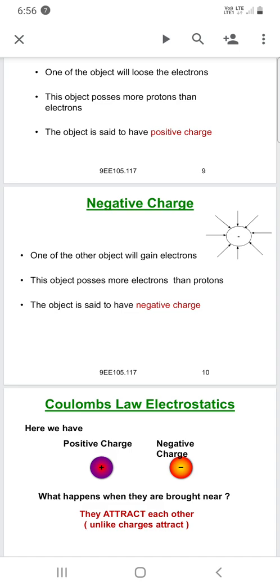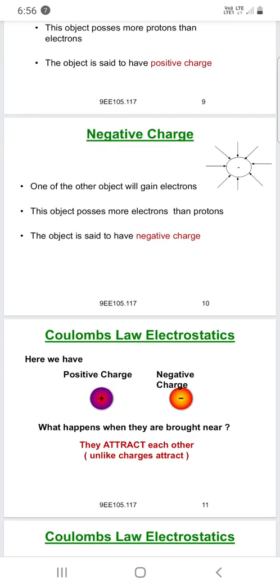Next, Coulomb's law of electrostatics. Here we have two charges, one a positive charge, the other a negative charge, as we can see in the figure in red color.